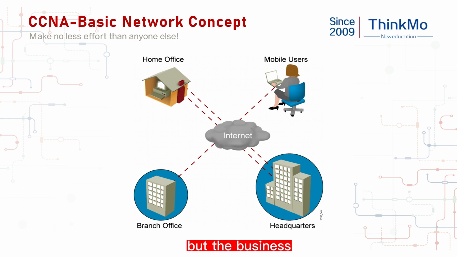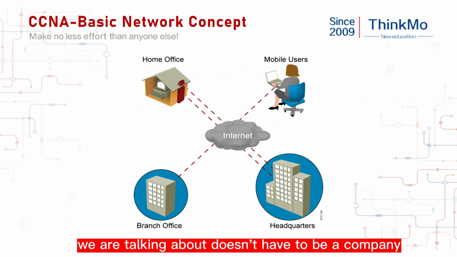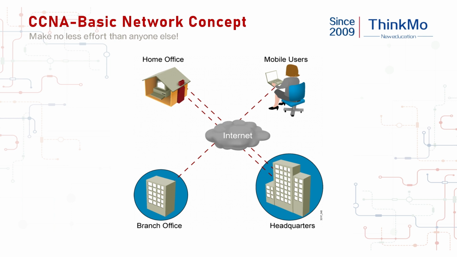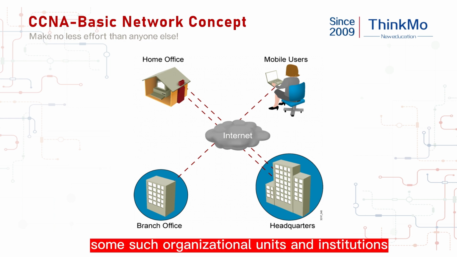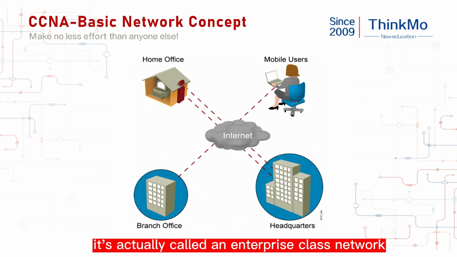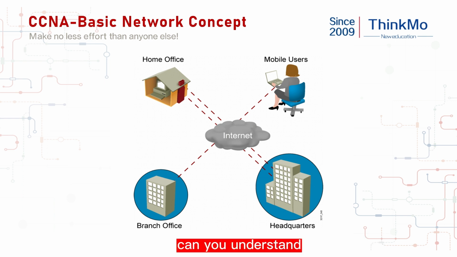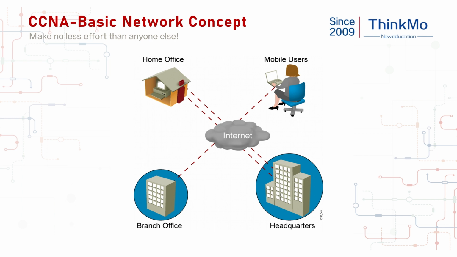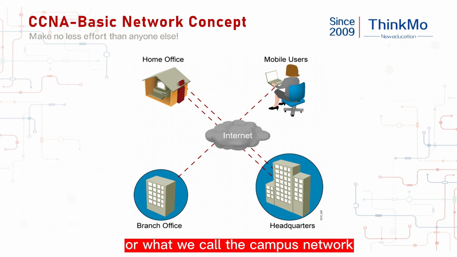But the enterprise we are talking about doesn't have to be a company; it can be companies, schools, hospitals, governments, some such organizational units and institutions. It's actually called an enterprise class network. Can you understand? Because it belongs to a set of enterprise-level network models, or what we call the campus network.